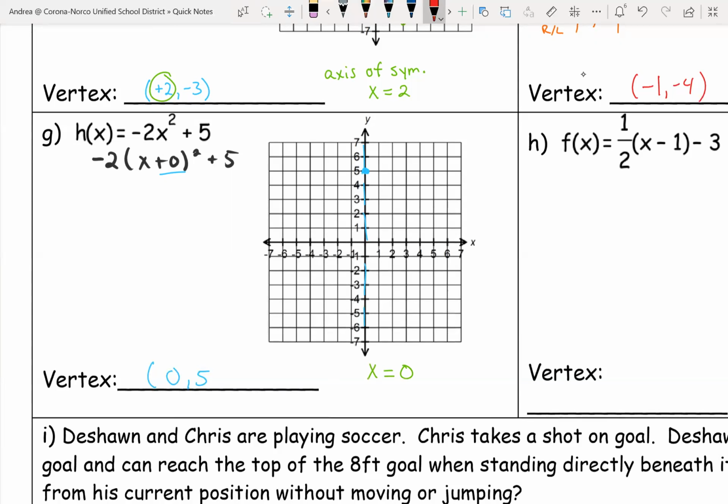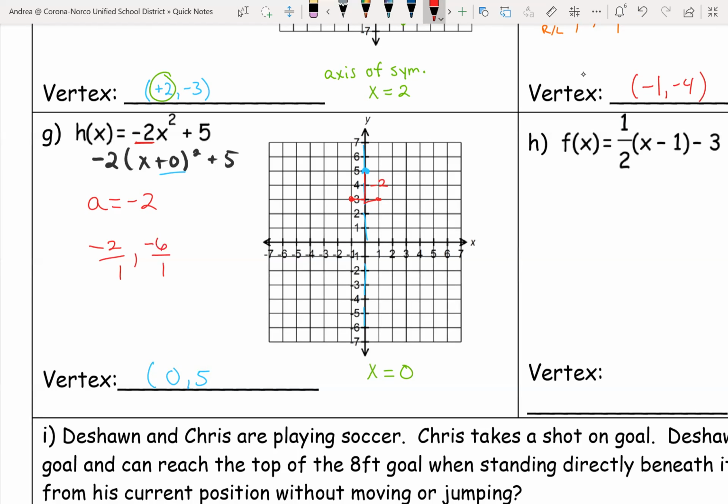The a value is that number in front. Its a is -2. So my pattern should be -2 over 1. I'm going to go down 1, 2, and over 1, down 1, 2, and to the right and left 1. The next one should be 3 times -2, which is -6 over 1.